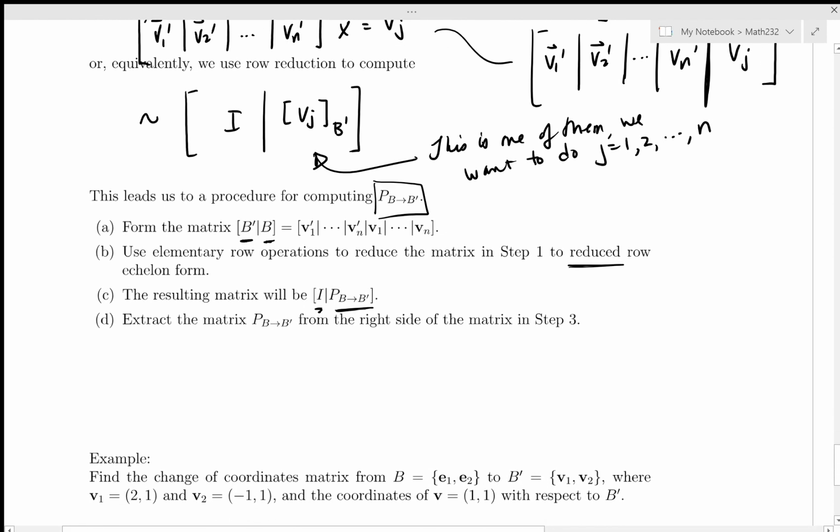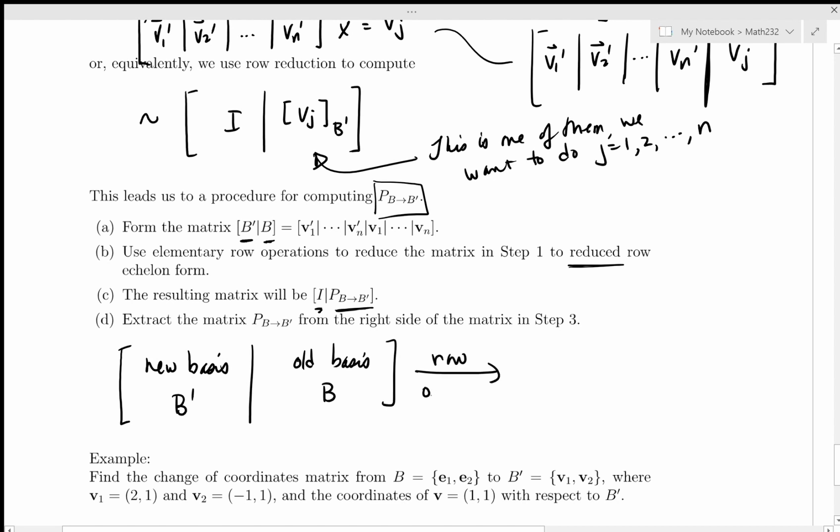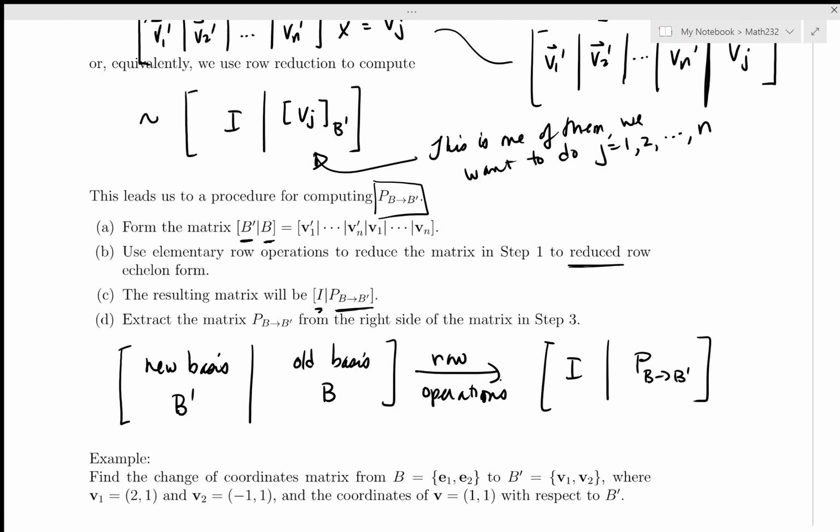Graphically, we've got the new basis B prime, and we put that together with the old basis B. We do row operations, and we get down to I, and we then have here what we want. And then we can use that to change the basis of any vector that we want.